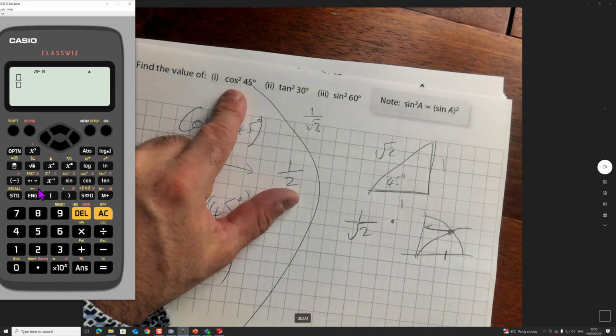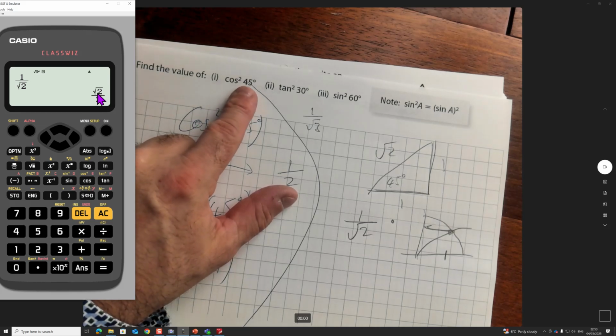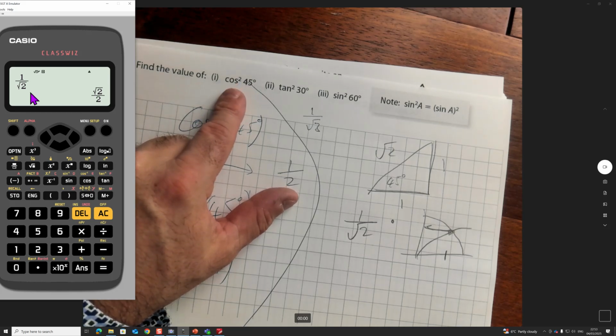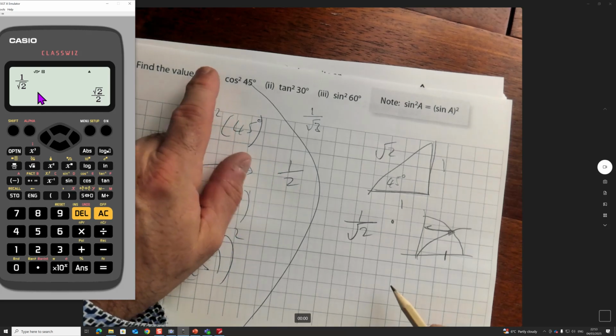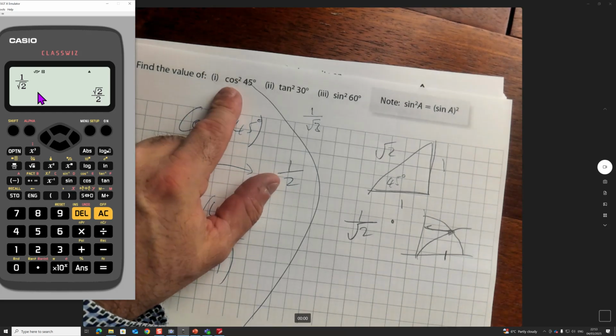Even if I put in 1 over root 2, it's going to say that, because they're rationalizing the denominator, which means multiplying the top and the bottom by root 2. If I multiply the top and the bottom by root 2, I'll get root 2 over 2, which is what it says here. So these two are the same. And the cos of 45 is 1 over root 2. And this is squaring it.